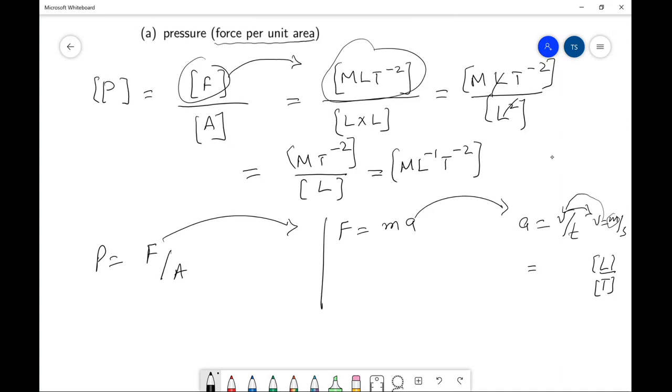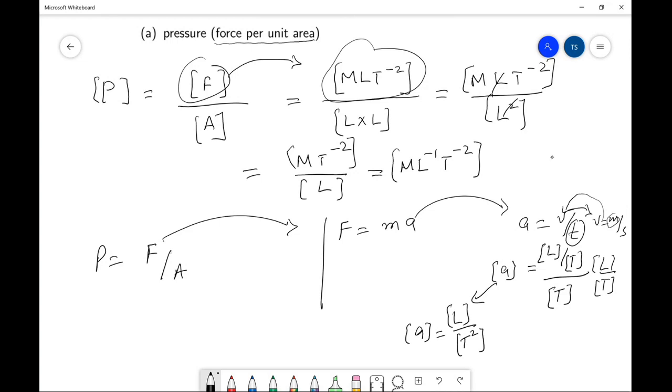Put velocities in here. So for acceleration, I will have L over T. Then this T will be separate. So you will end up concluding that A is equal to L divide T squared.